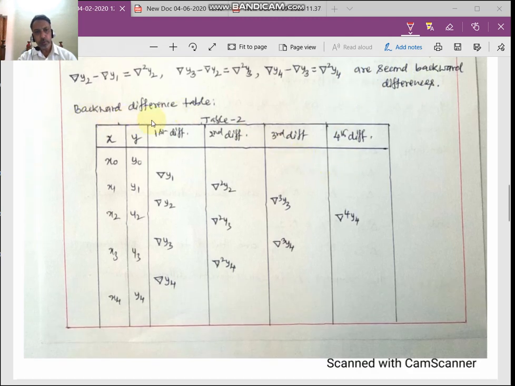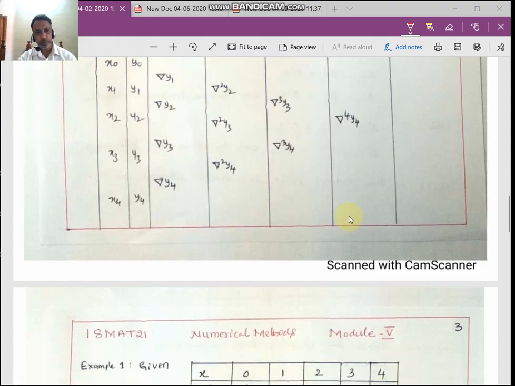And the backward difference table is written like this. Again, x and y values in the first two columns. In the first difference, ∇y1, ∇y2, ∇y3, ∇y4. And in the second difference column, ∇²y2, ∇²y3, ∇²y4. And in the last column, it is ∇⁴y4.